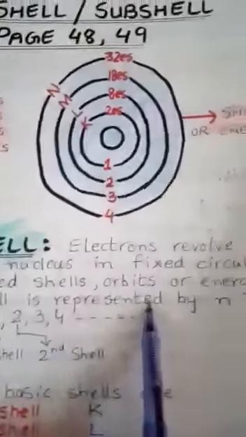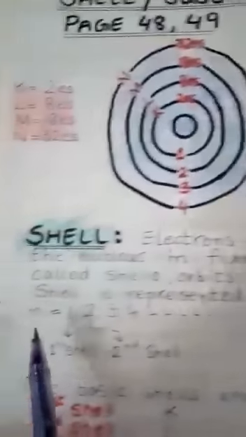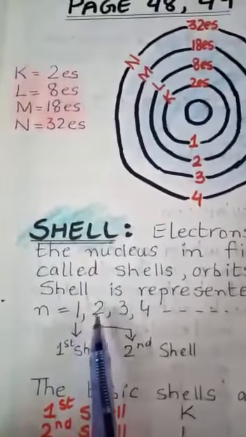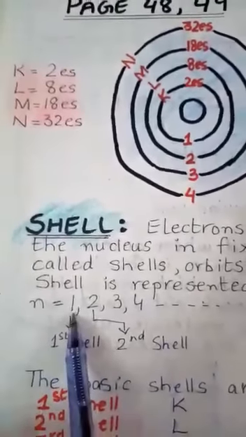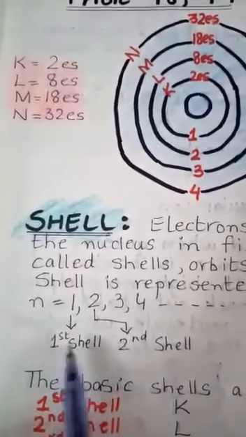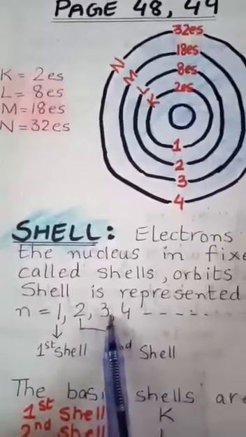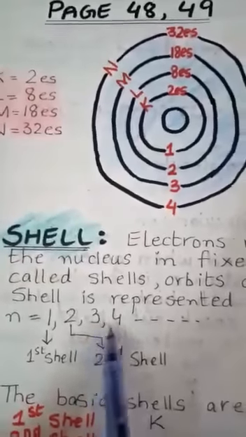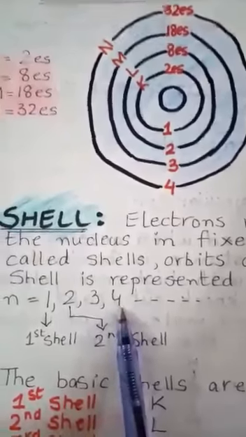Shell is represented by small n, where n equals 1, 2, 3, 4 and so on. 1 is considered as the first shell, 2 as the second shell, 3 as the third shell, 4 as the fourth shell and so on.